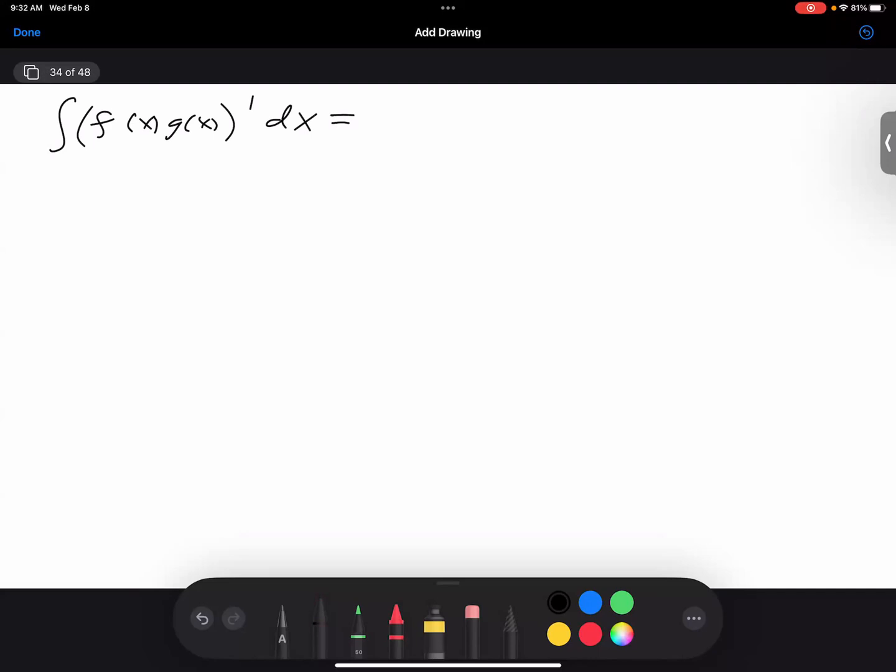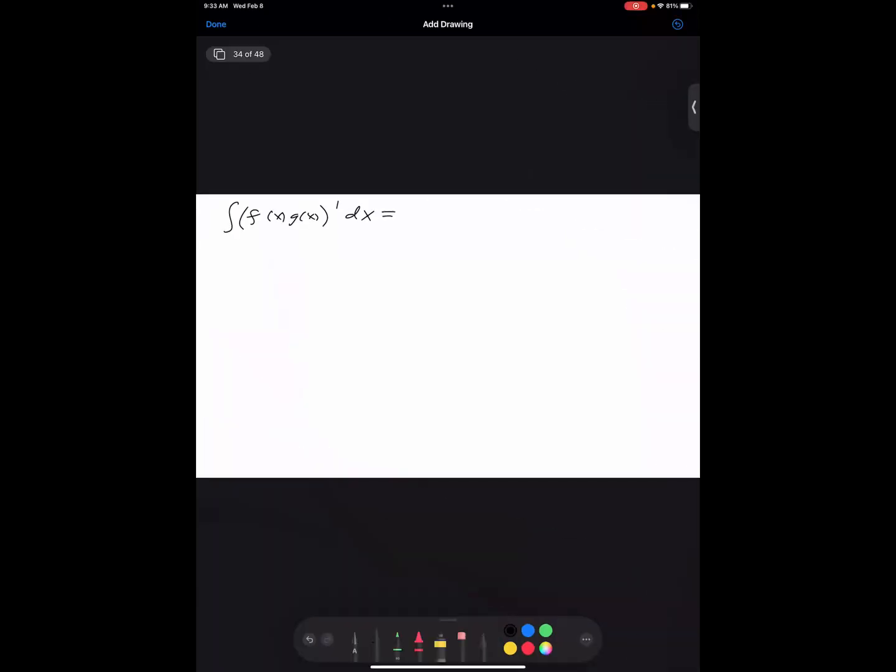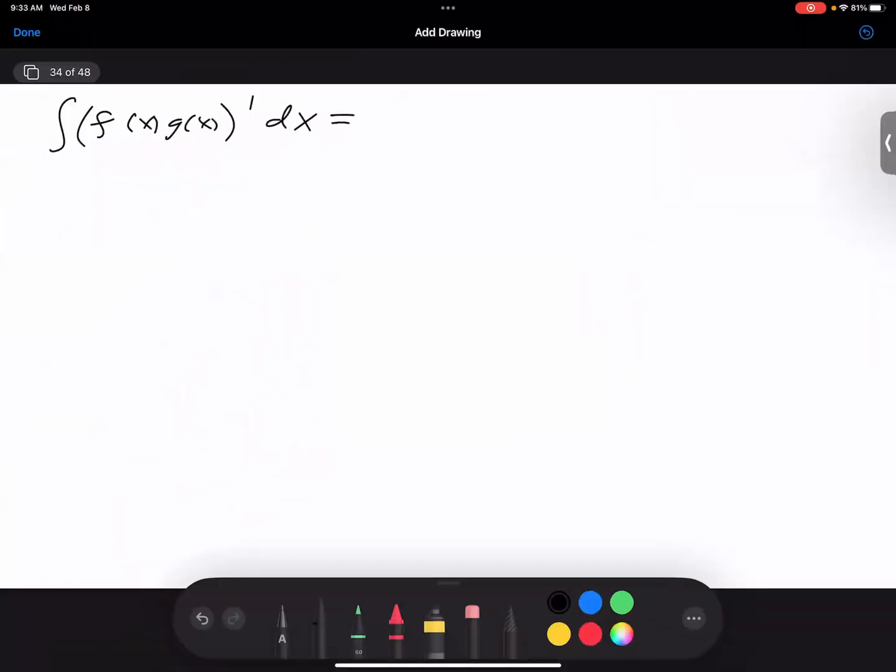So can anybody tell me what function has derivative f of x, g of x prime?